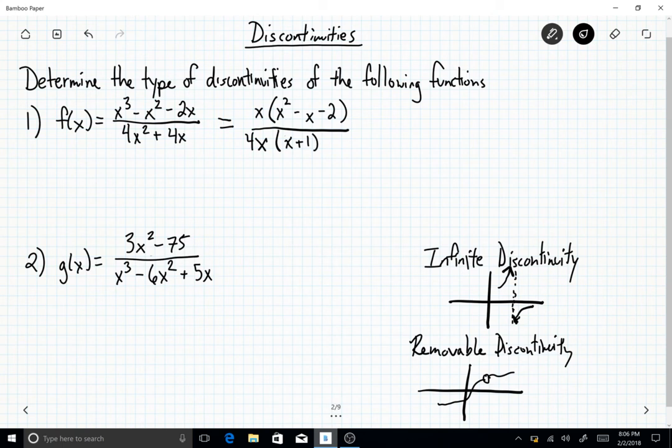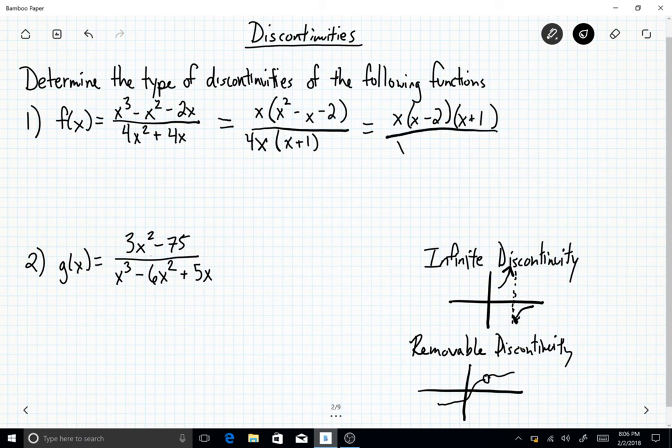plus 1. So this whole thing equals x, and then how can we factor the numerator? Well, x minus 2, or you have an x and you finish with the minus 2, so we're looking for two things that multiply to negative 2 and add to negative 1. So that means you're going to have a negative 2 and a plus 1.